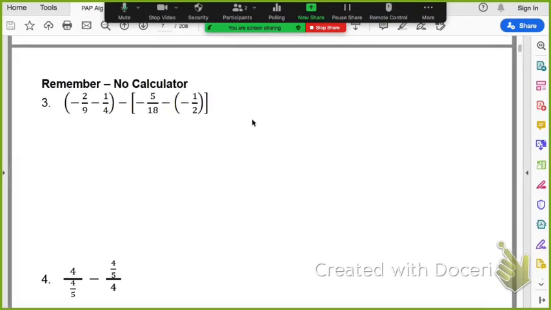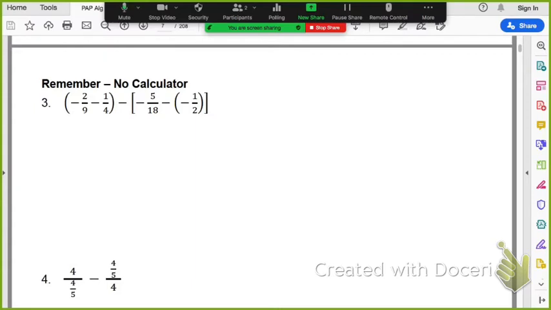So if I were to go about simplifying this, let's just brainstorm some ideas. What are some things that I could do to combine all of these? Least common denominator. Brackets before the parentheses. In my opinion, I think the best thing to do is to get them all the same denominator and then work from there.